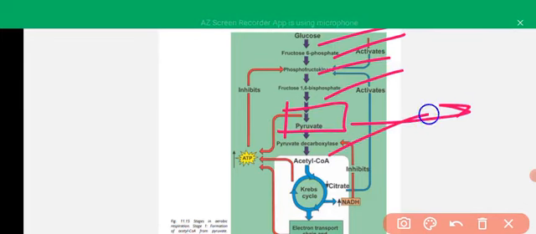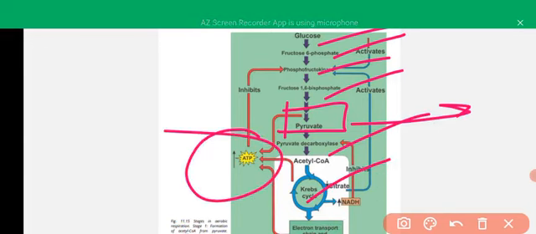Then it is oxidized, then it enters the Krebs cycle, then the electron transport chain, and ATP is produced by all these processes. The fructose 6-phosphate is converted by phosphofructokinase into fructose 1,6-bisphosphate, and this enzyme is inhibited by ATP and ADP.